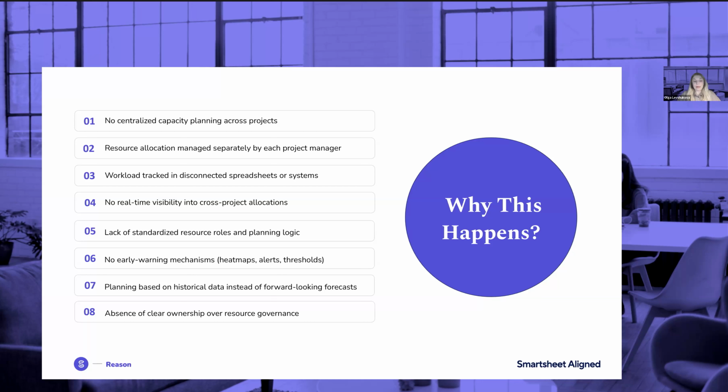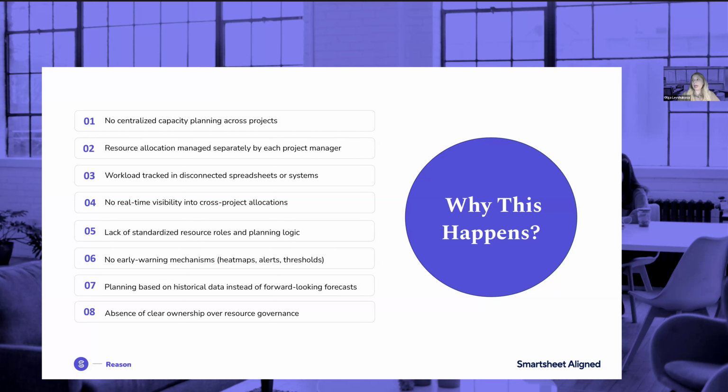Another reason it happens is spreadsheets. Even though organizations utilize Smartsheet, they still have secret Excel spreadsheets hidden somewhere for some planning, for some notes, and sometimes people keep using those spreadsheets to plan, and nobody sees that.